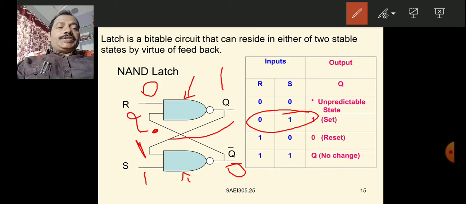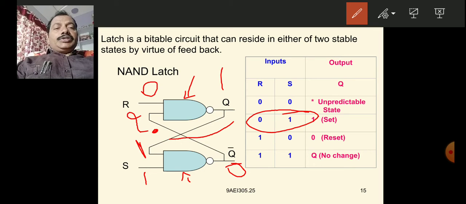That means whenever R equals 0 and S equals 1, Q equals 1. You have to keep in mind this combination.